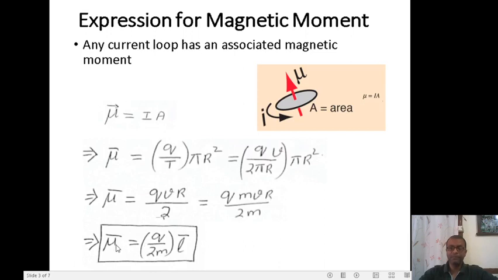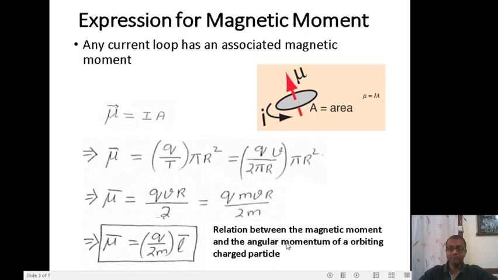So the expression for magnetic moment can be written as mu is equal to q by 2m times L. So this is a very important relation between the magnetic moment and the angular momentum of an orbiting charged particle. Any charged particle of mass m and charge q moving round a circular path has an angular momentum L, so the magnetic moment is given by this expression.